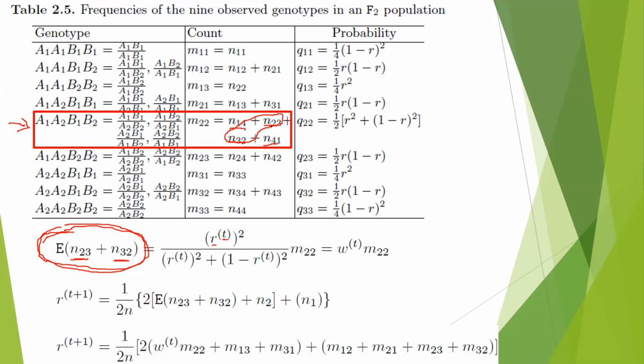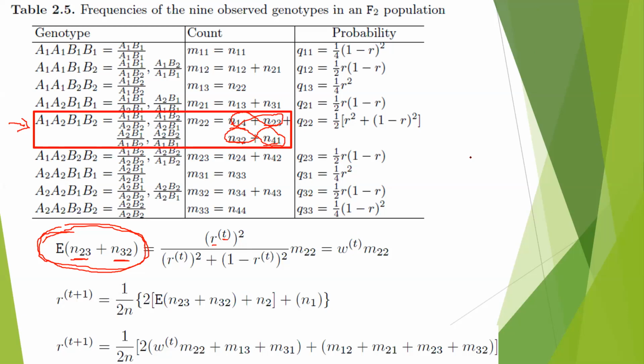So these two numbers represent the progeny carrying two non-parental gametes, and these two actually represent the progeny carrying two parental gametes. Is that right?